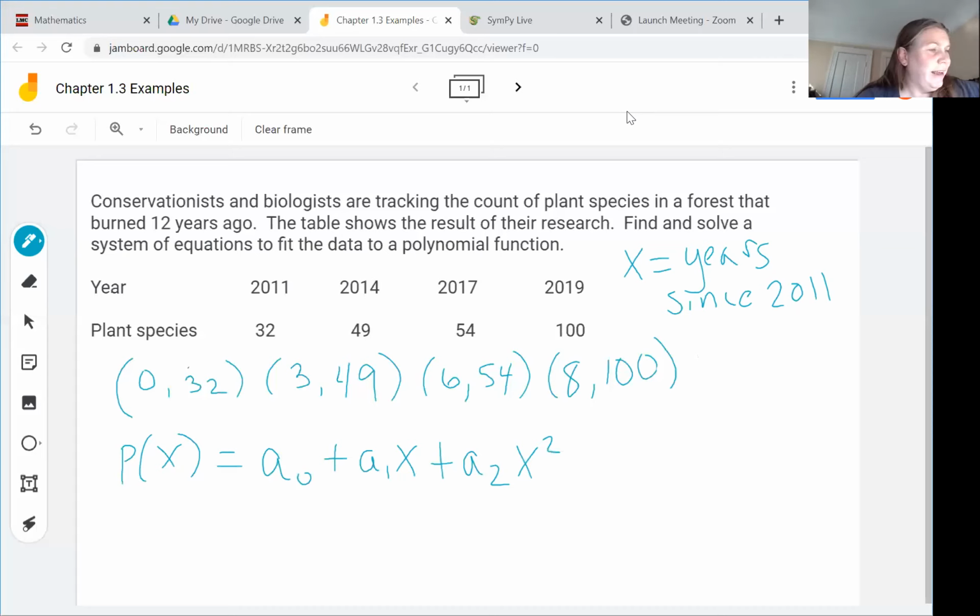And then because this is a third-degree polynomial, our last term is some coefficient a3 times x to the third power. Okay, so we are going to use this polynomial and plug in our different x values that were given and our solutions to come up with a system of equations so that we can work backwards to solve for our unknown coefficients.